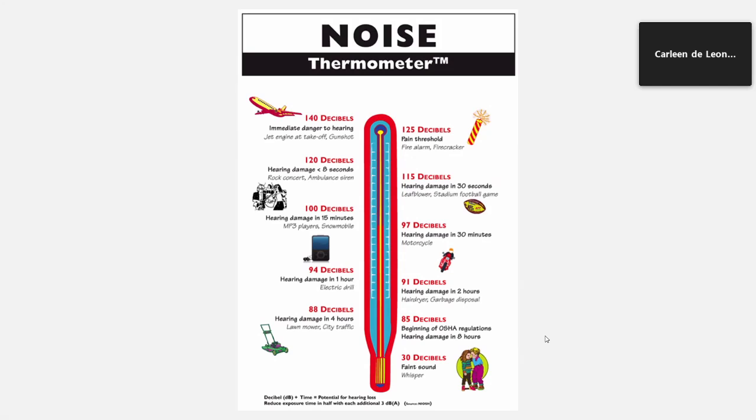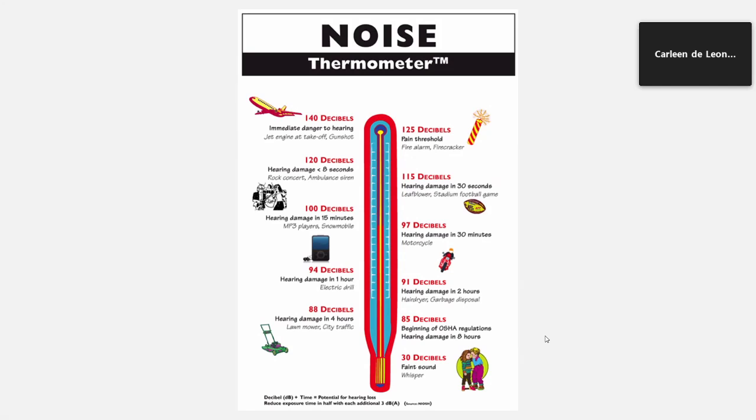Like at a stadium football game, it says 115 decibels, and after a minute you start feeling a little decrease in your hearing. And if it's constant, you're at a football game for 3-4 hours. By the time you leave, you kind of hear muffled sounds. It's not necessarily causing permanent damage, but it's causing some kind of damage.